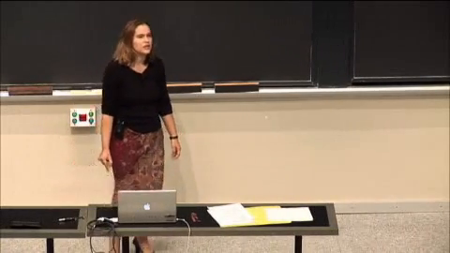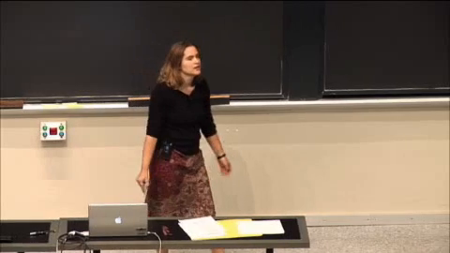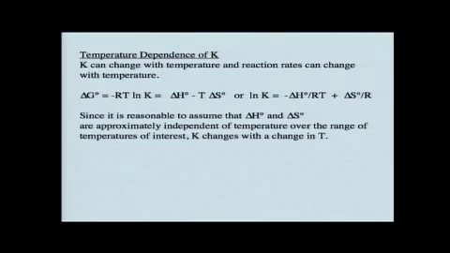Let's consider that. So let's look at some of the equations that we know that have delta H in them. Delta H, again, is our predictive factor when we're talking about changes in temperature. We know that delta G naught is minus RT natural log of K, the relationship between our standard free energy, our gas constant, temperature, and our equilibrium constant.